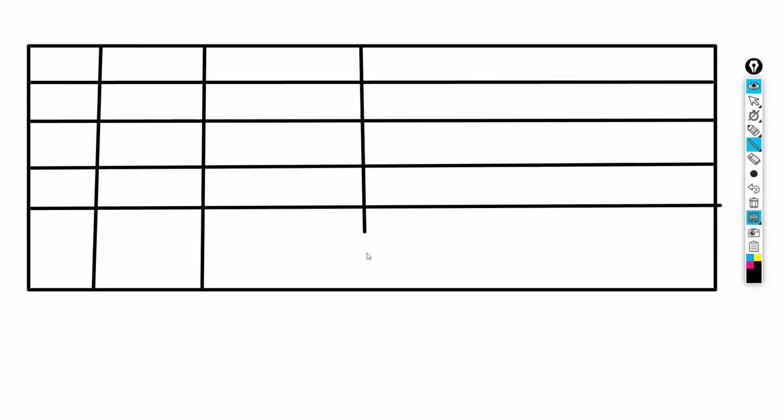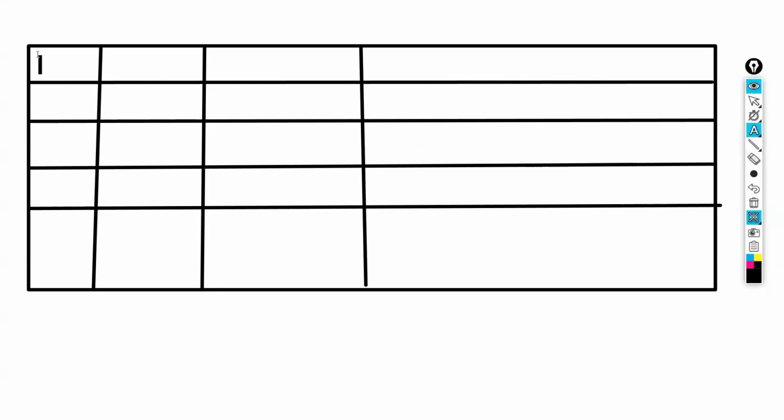So one row, second row, third row, fourth row. Okay. Now, first serial number. Let's take this as serial number, data type, size of data.